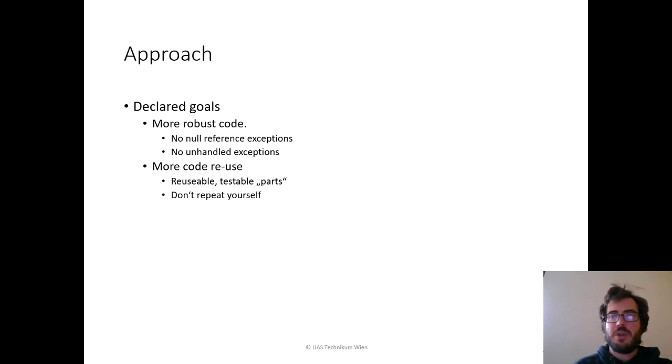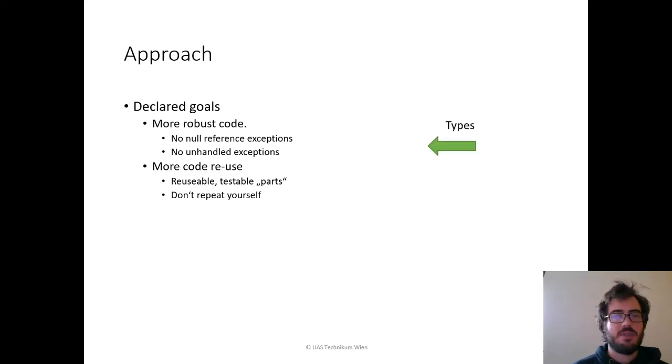So what have we done in respect to the last lectures? We tried to write more robust code by talking about the non-existence of values by using the option type. This was done by using types.